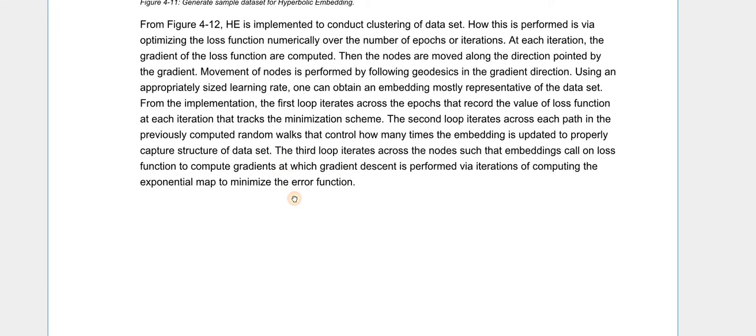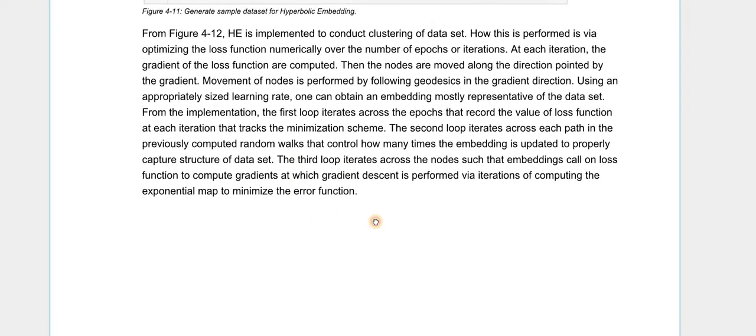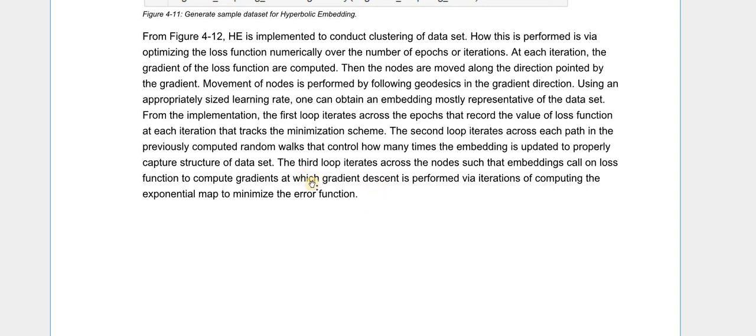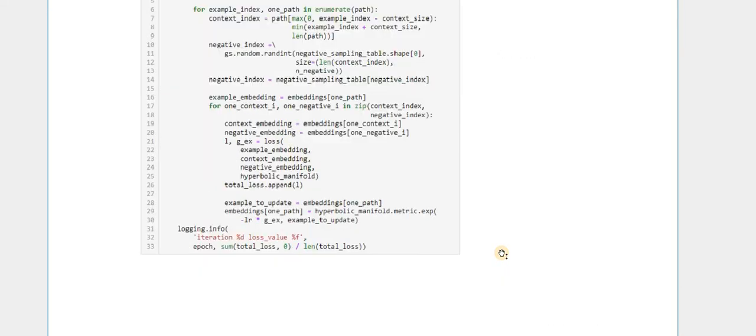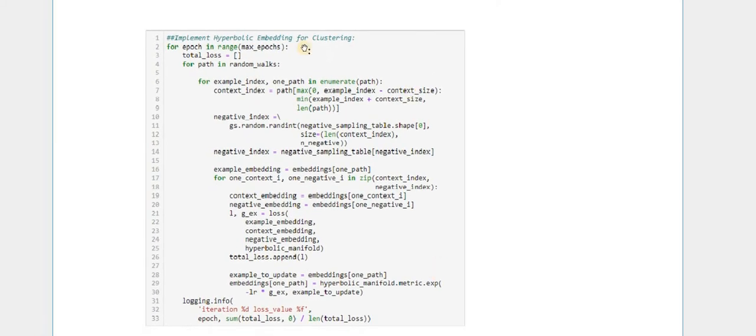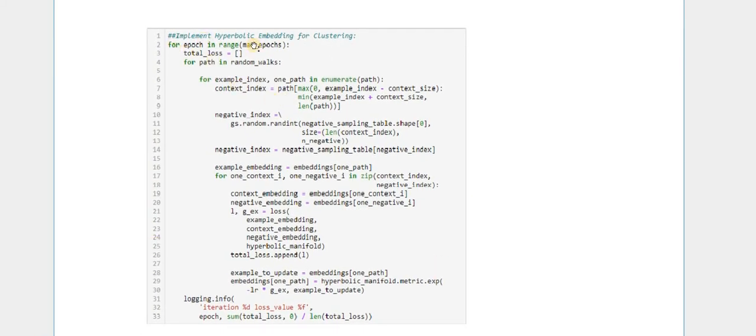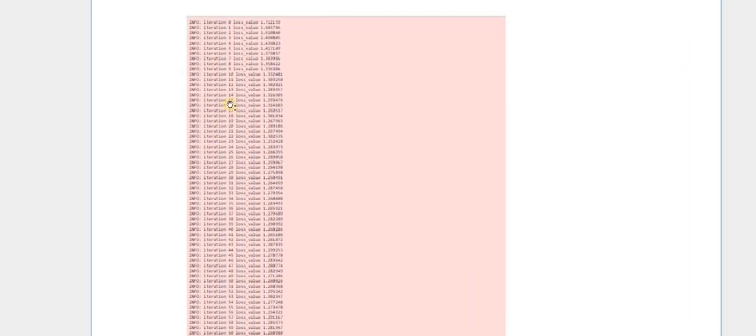It allows us to properly capture the structure of our data. And then the third loop iterates through the nodes, which allows us to compute the gradients and perform gradient descent to minimize the error function. So this is the implementation of that: first a for loop over the epochs, a for loop over the random walks, and a for loop over each of the nodes.